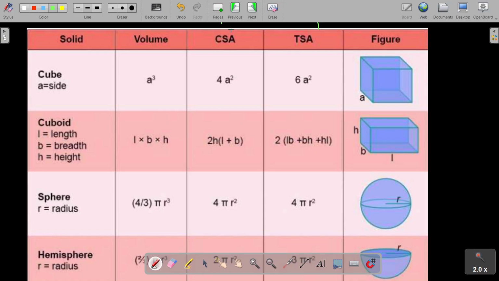So basically, volume means the space occupied by the object, and curved surface area is the surface area which is curved. So let's see in the cube, which is the curved surface area.